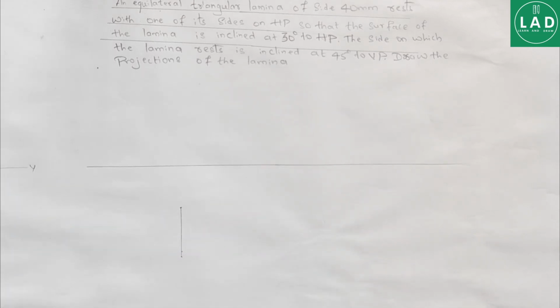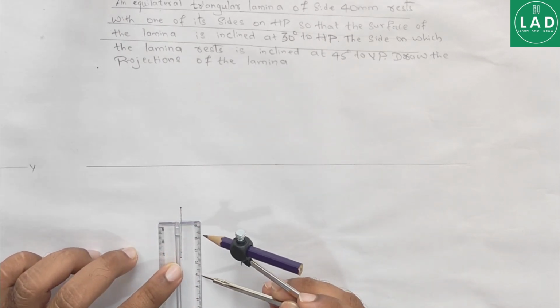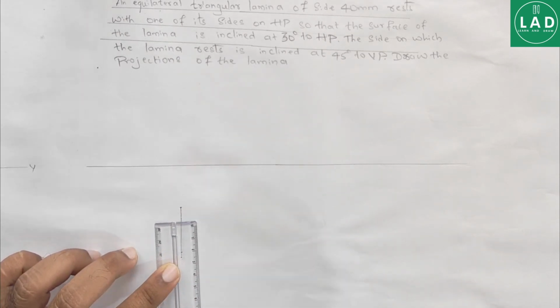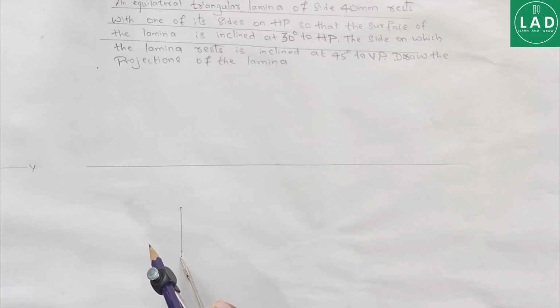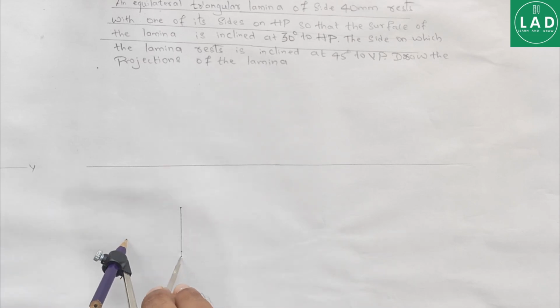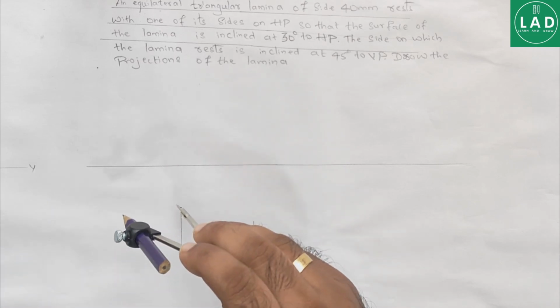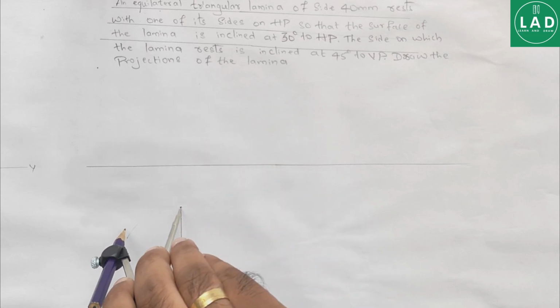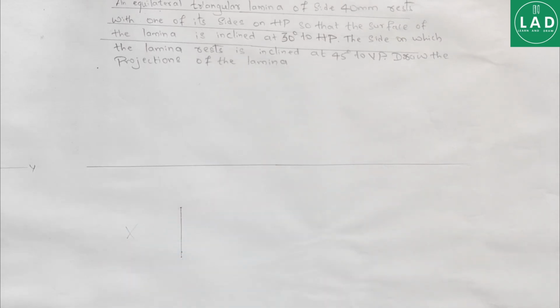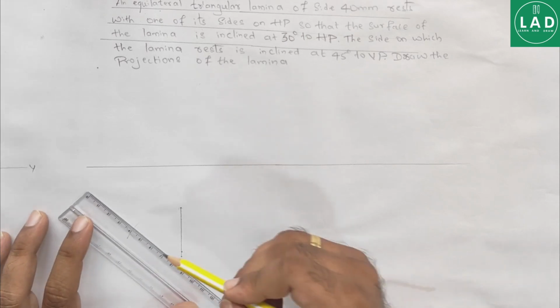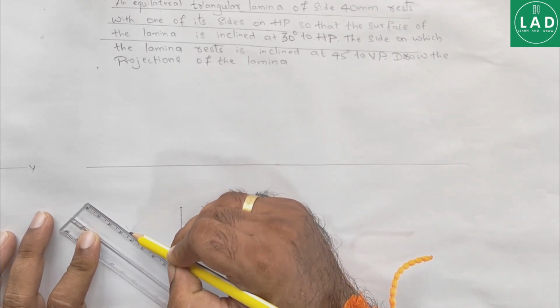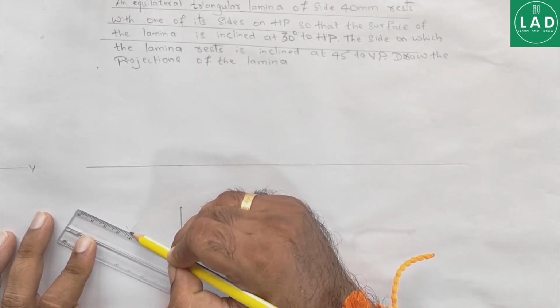Next, we'll take the compass and measure 40 mm, and then with the help of the compass we'll draw arcs from both the ends, and at the intersection let's join to complete the triangle.